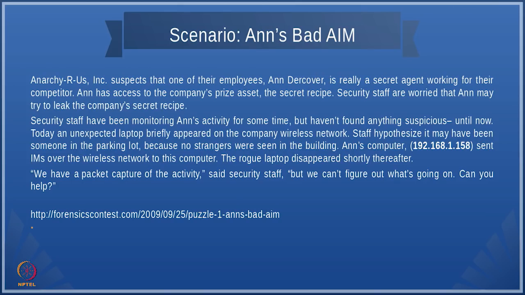There is a company which suspects that one of its employees is a secret agent working for their competitor, and this company makes food items. There is a secret recipe that the company is worried might have exchanged hands. Some security staff have found that there could be some suspicious activity and that the particular employee could have sent the data out to its competitor.